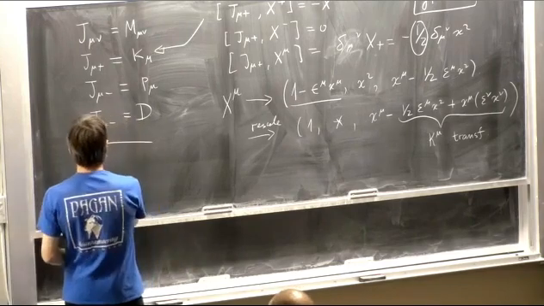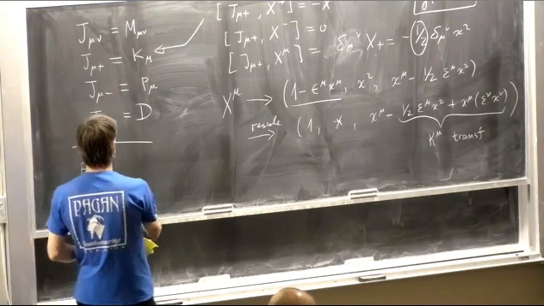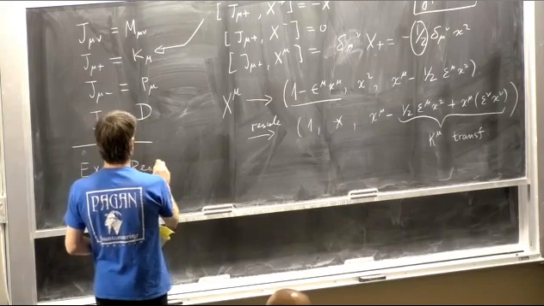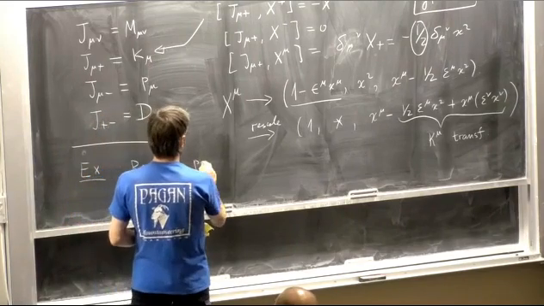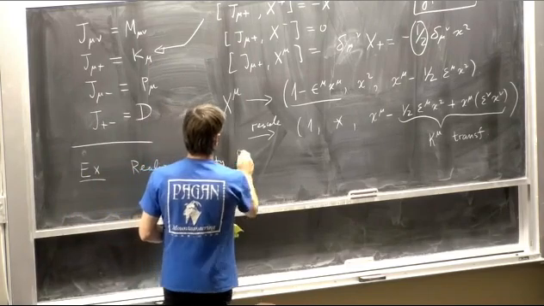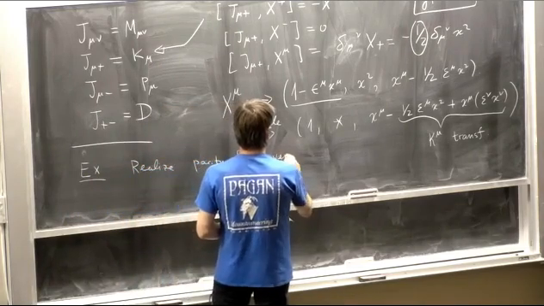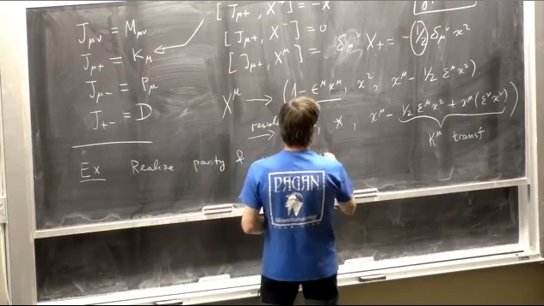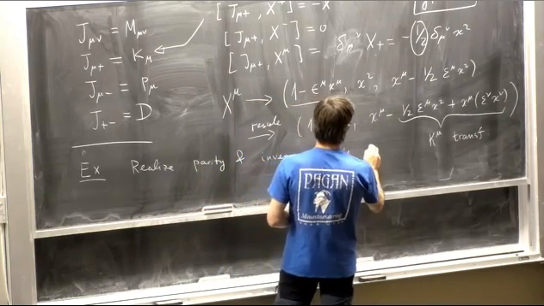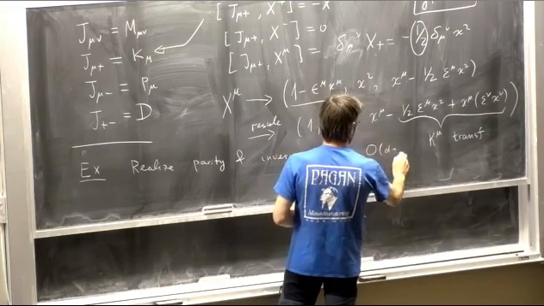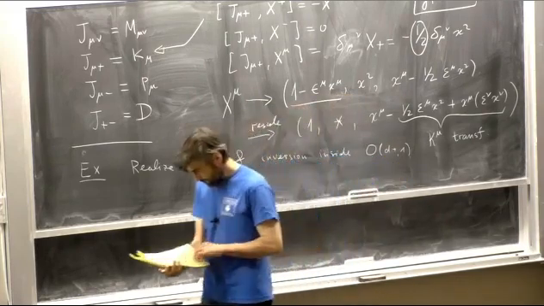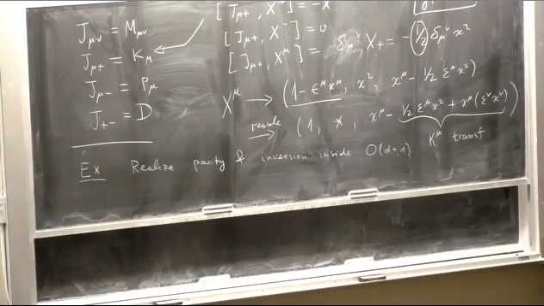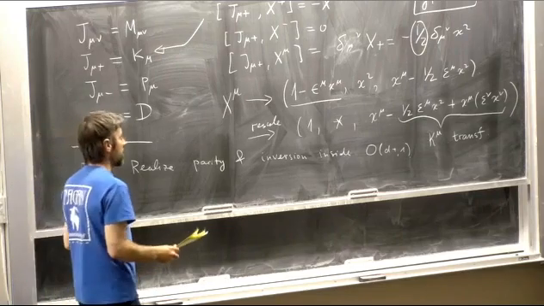So as an exercise, I leave it to you to realize parity and inversion inside O(d+1,1). So what have we achieved? We realized all our conformal transformations in a very nice way.